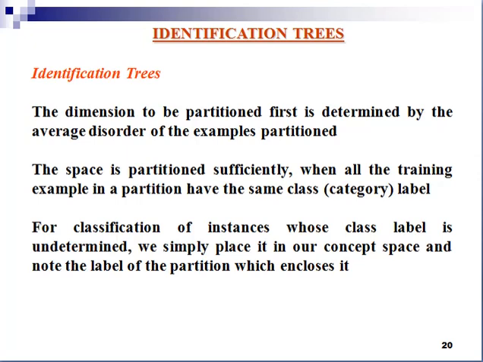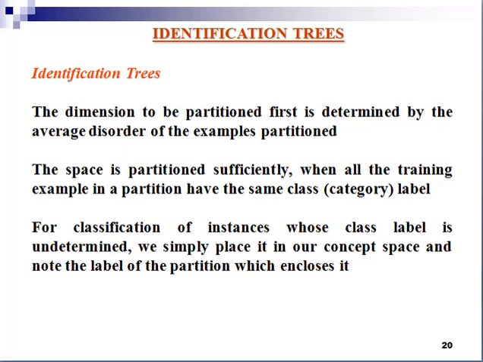The dimension to be partitioned first is determined by the average disorder of the examples partition. So the purpose of calculating the average disorder is to determine which dimension needs to be partitioned first.